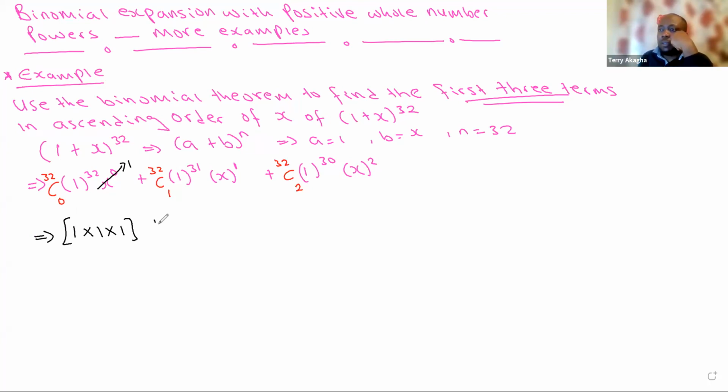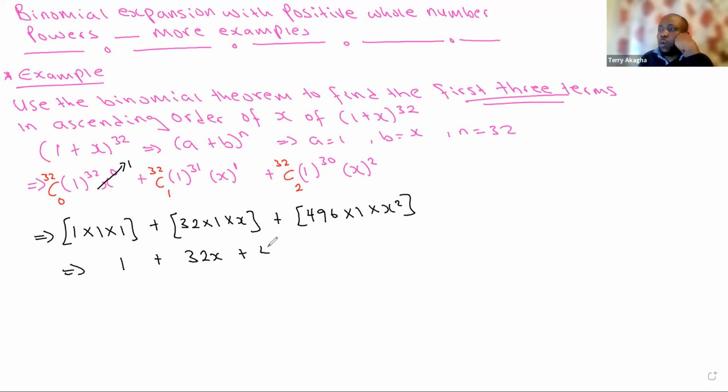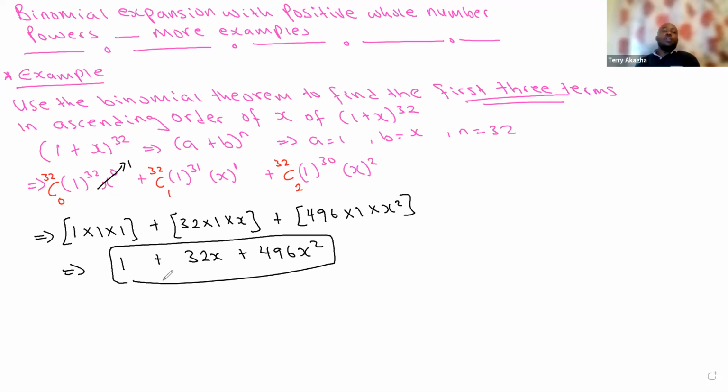Plus 32 combination 1 will give you 32 times 1 raised to the power 31 times x, plus 32 combination 2 should give you 496 times 1 times x squared. That will give you 1 plus 32x plus 496x squared. That will be the answer.